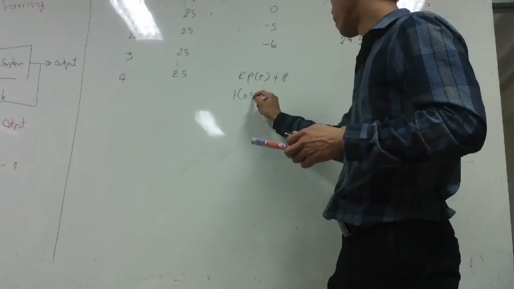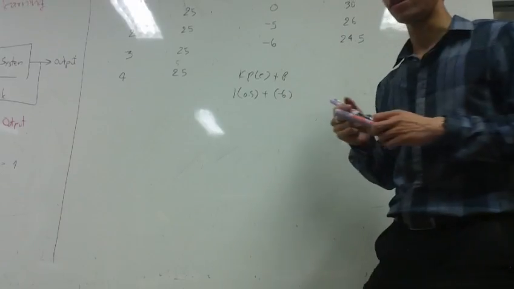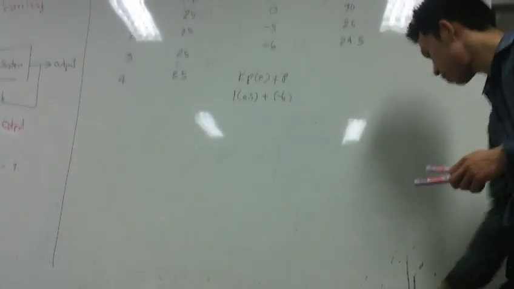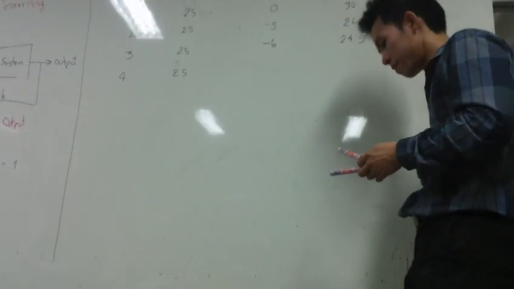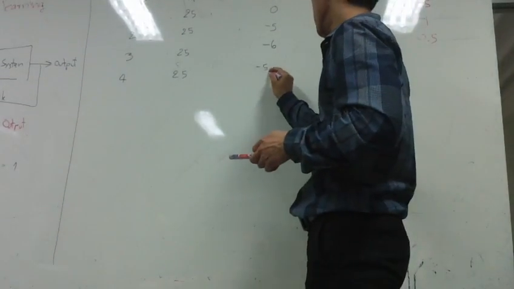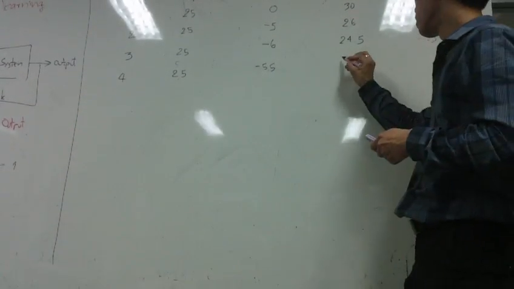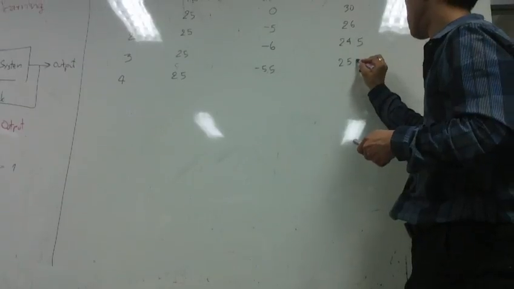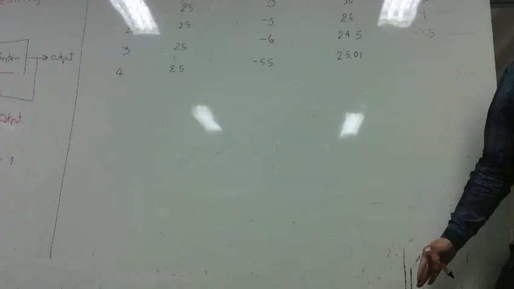Error is 0.5 plus -6. So what's this? -5.5. So let's say it goes up to 25.01. This is what it's doing.